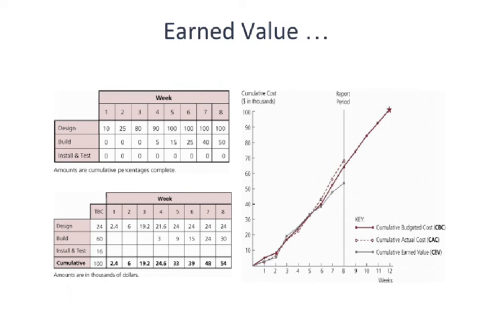It's not terrible. Now we're going to add the earned value picture to this. You really can't just stop at the CAC. You need to have the earned value as well. Now, shown here on the left-hand side are the cumulative earned value numbers for the actual project. Cumulative earned value.